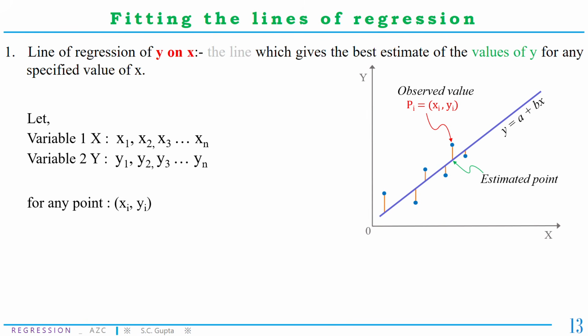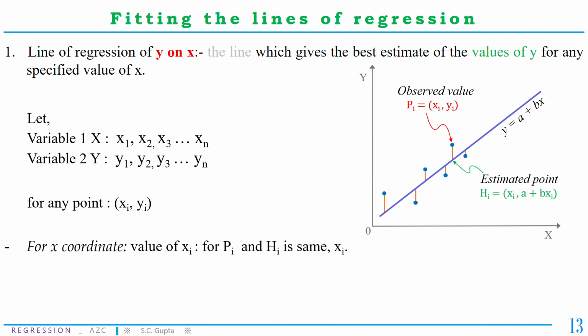The estimated point is generally represented as hi, equal to a plus b xi. For the x coordinate, because this is the line of regression of y on x, x is the independent variable. Thus, the value of x remains the same, whether at the observed point or the estimated point.